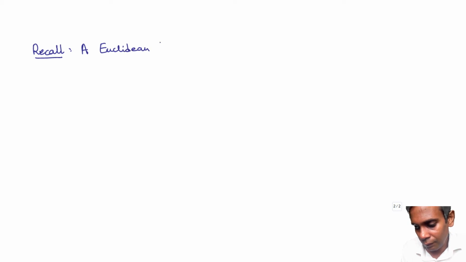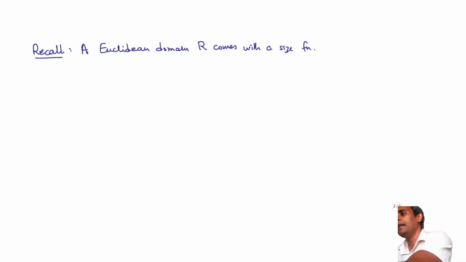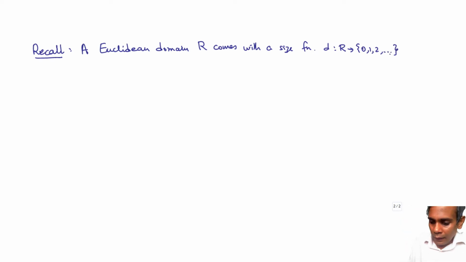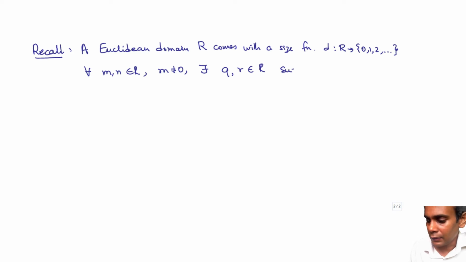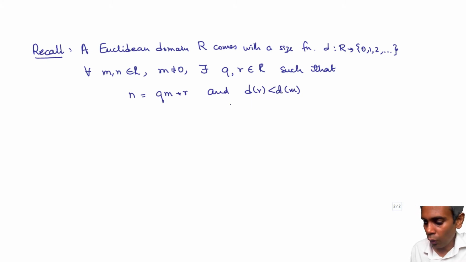So recall that a Euclidean domain R comes with a size function, which we usually denote by d, from R to the set of non-negative integers, and it has the property that for all m, n in R, if m is not 0, there exist q and r in R such that n is equal to qm plus r, and d(r) is strictly less than d(m), or r is equal to 0.